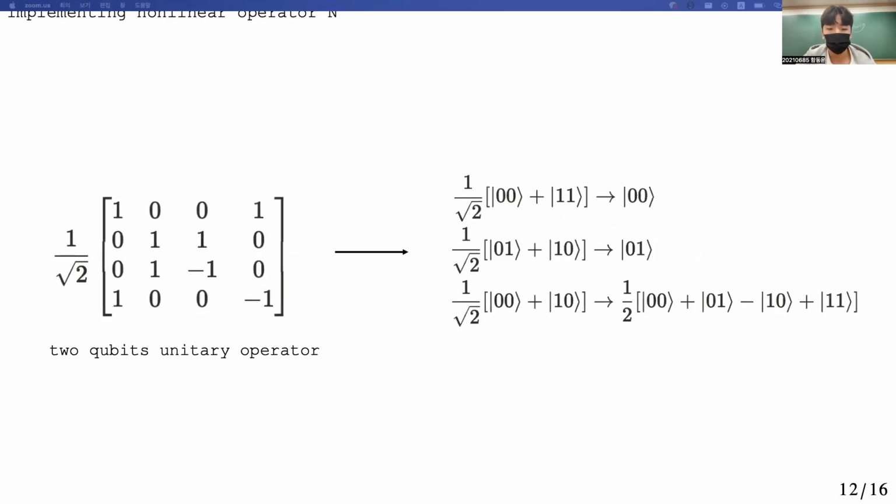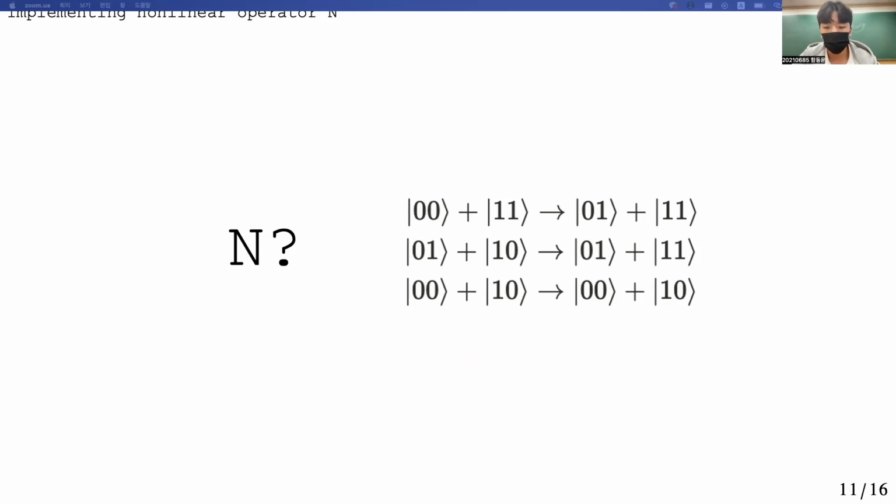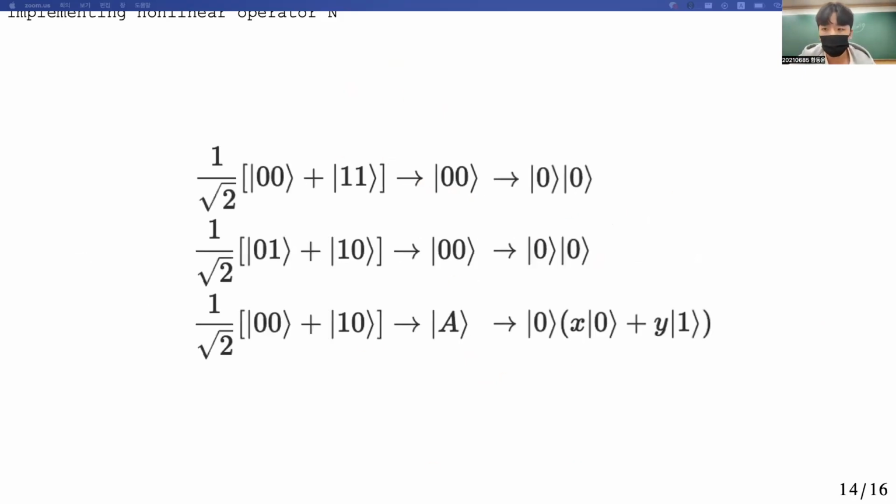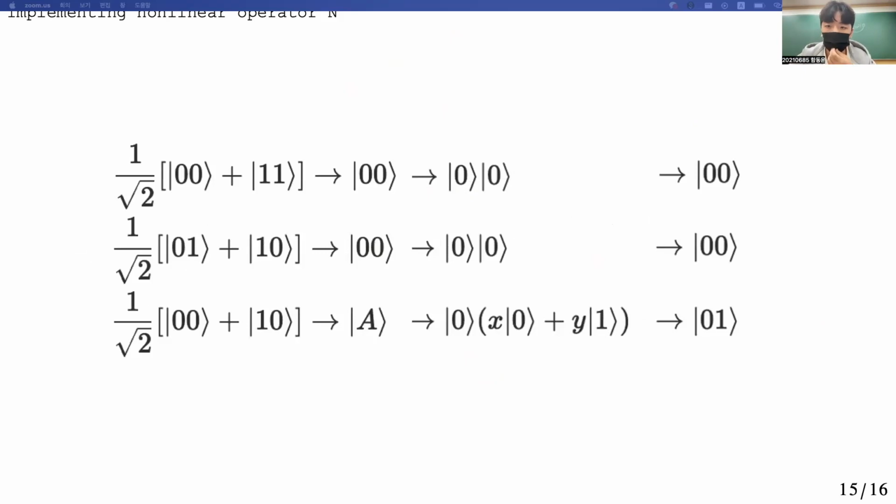So there are two nonlinear operators to implement n. One of them is n hat minus. This is the operator for this transformation, and there is another simple nonlinear operation, n hat plus, and it makes the second qubit state 1.